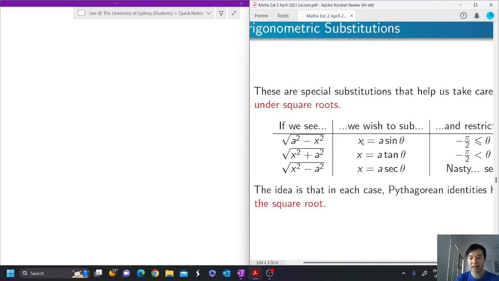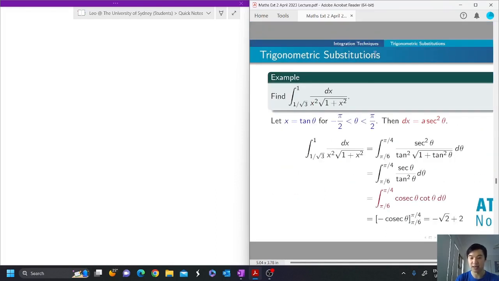Let's say we had x equals a sine theta, this would be a squared sine squared theta, which when you factorize out a squared, will be 1 minus sine squared, which will give us cos squared. So it'll be the square root of a squared cos squared, which will give us a cos theta, which is much easier than having to deal with the square root.